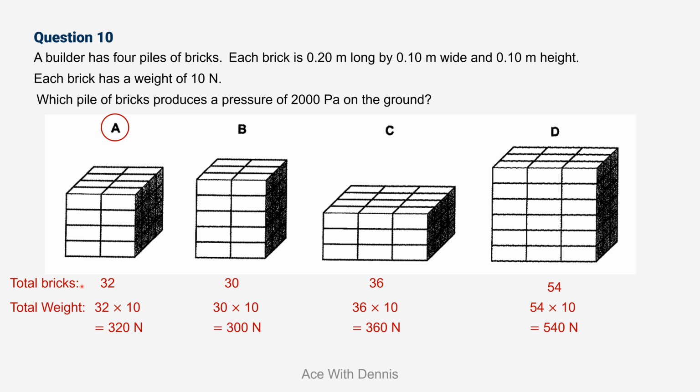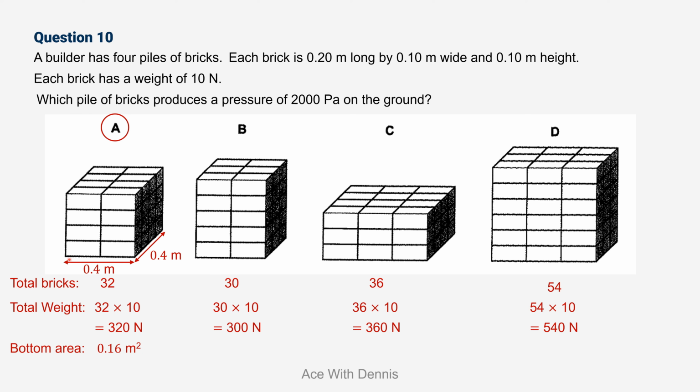We need to calculate the base area, which is in contact with the ground. So now the bottom area for option A: given that the length of each brick is 0.20 meters, and there are 2 bricks here, then it's 0.4 meters. And then for this length, we have 4 bricks, and the width is 0.10 meters for each brick, so 4 bricks is 0.4 meters.